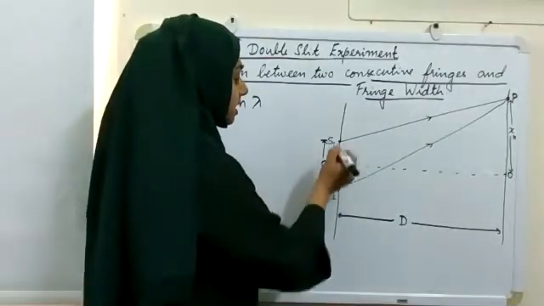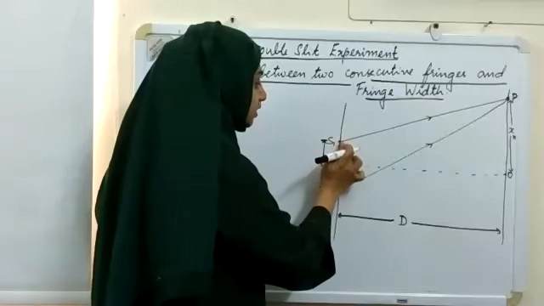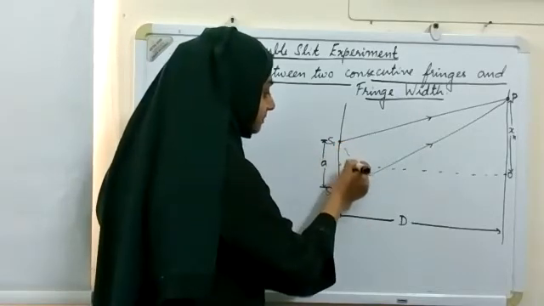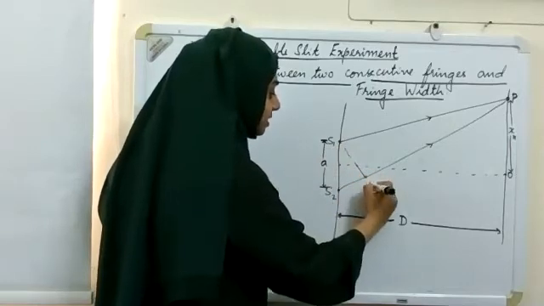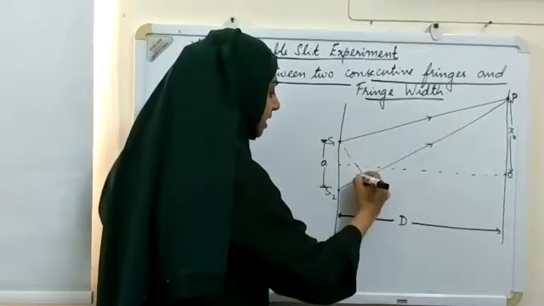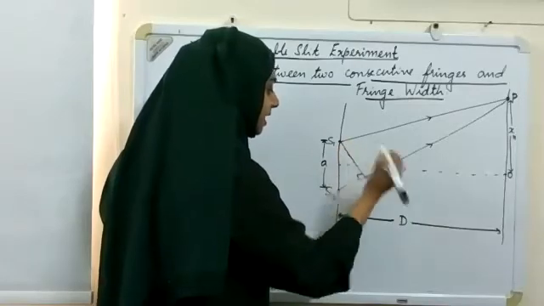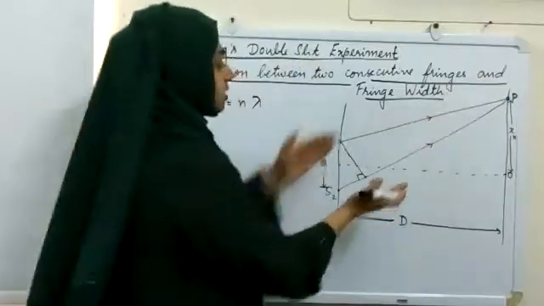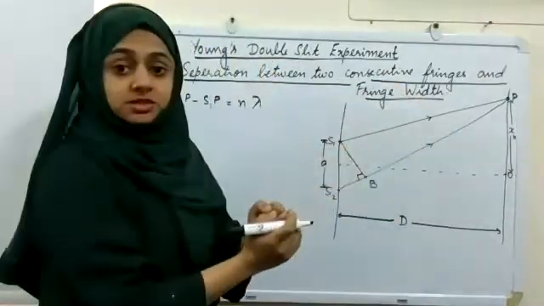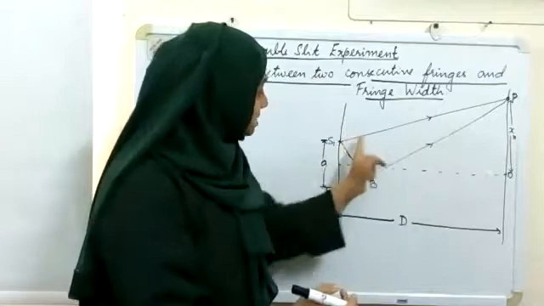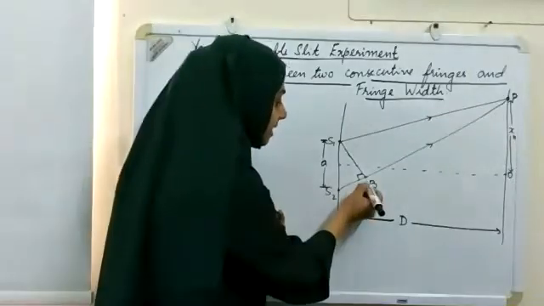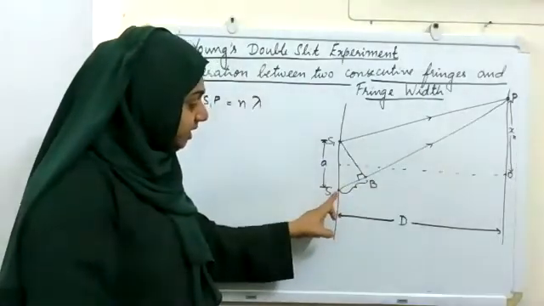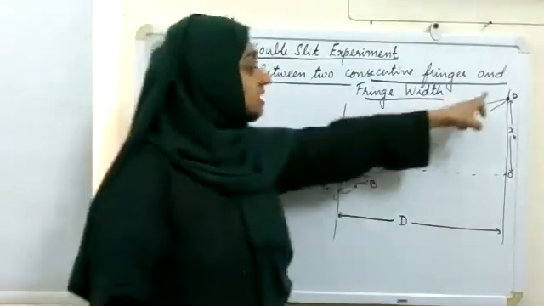Now, let me consider a perpendicular drawn from S1 to S2P such that at this point B, the angle is 90 degrees and BP is equal to S1P. So BP is the same distance as S1P. This will become the path difference, S2P minus S1P.